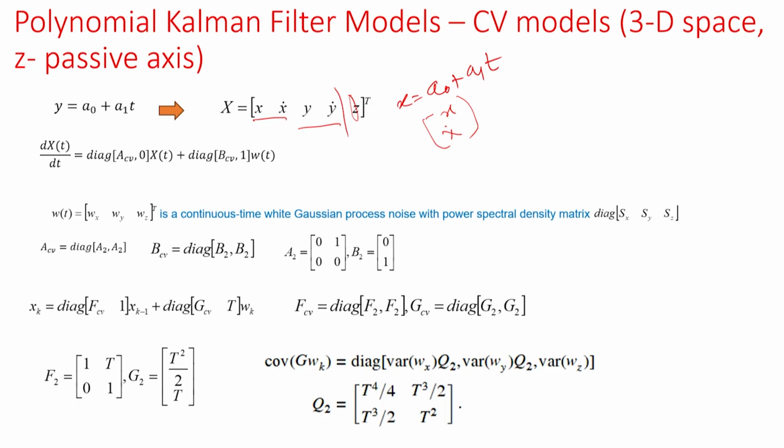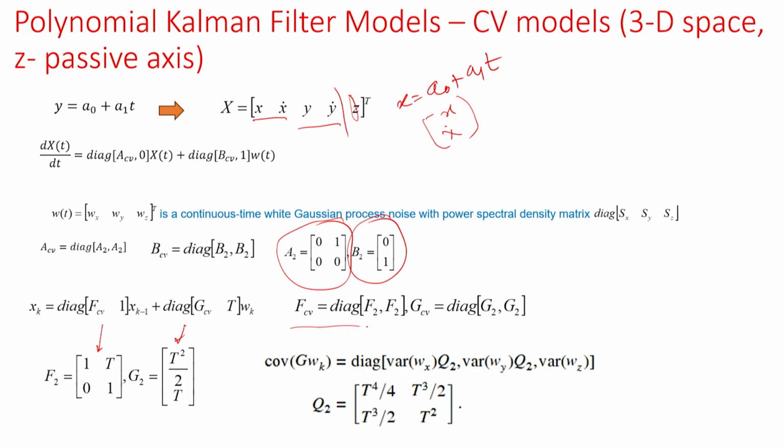In a constant velocity model, you can see now when I do the discretization, this is my continuous state matrix, this is my continuous input matrix, and with the same formula that I told you in the earlier slide, we get this discrete equivalent state transition matrix and this is my G. For a 2 dimensional problem I have one block for x and one for y.